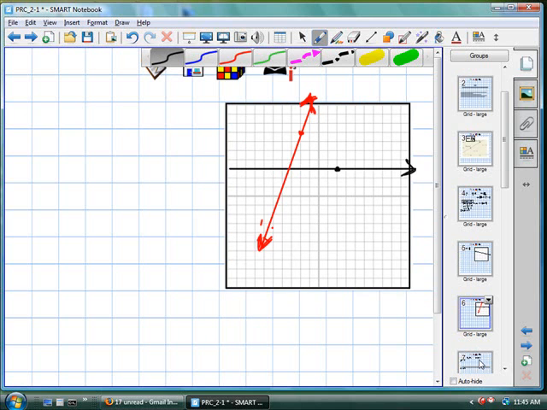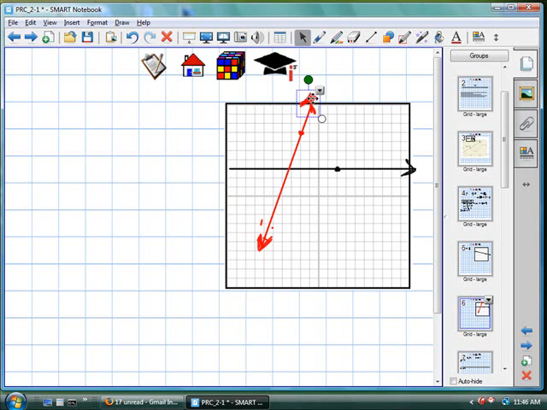Okay, now let's do one backwards. Let me just start with a new one. So I'm going to put a line on here, and this time the goal is, can you find the equation?